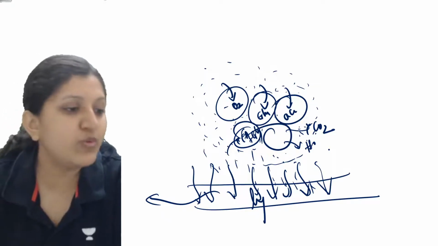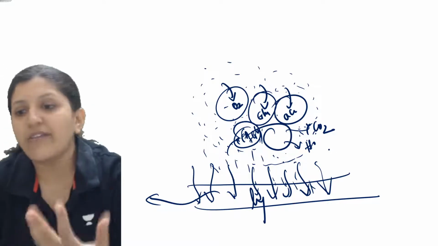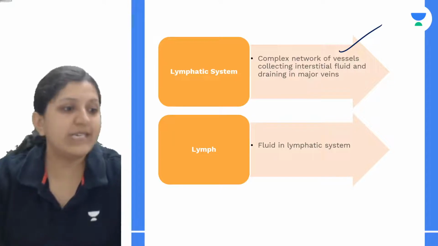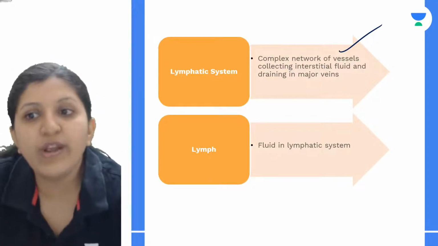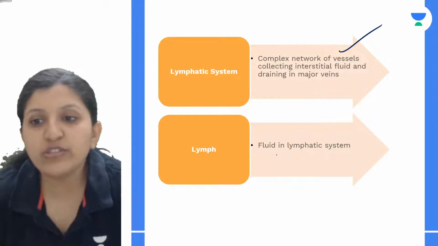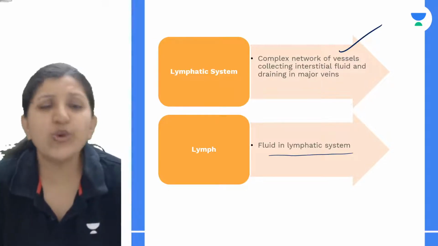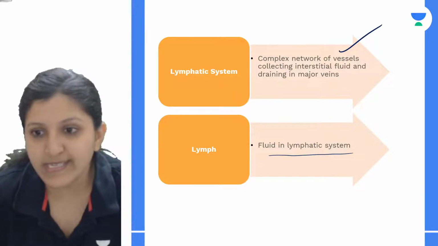That is into the vein, so that it can enter the vena cava, that is the inferior vena cava, and the purification of blood can be done. So you can find a complex network of vessels which is collecting the interstitial fluid and draining it into major veins. So lymph, when we mention it, is the fluid in the lymphatic system.